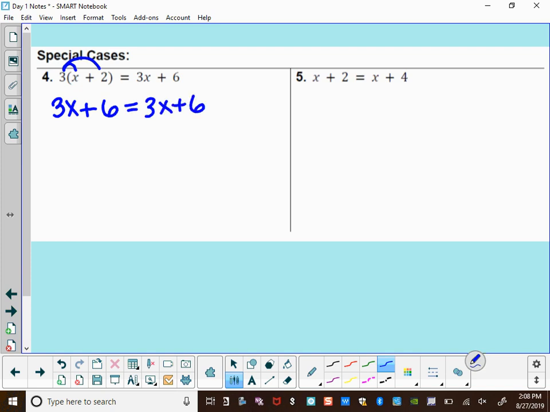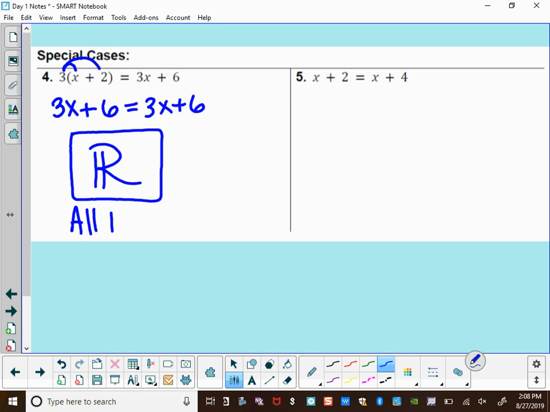Can I do anything with this problem? No, because it's basically the same thing equals the same thing. My answer is going to be what? What does this mean? All real numbers, right? That's my answer, all real numbers. You want to write the special R, you can, you just need an extra line with your R.